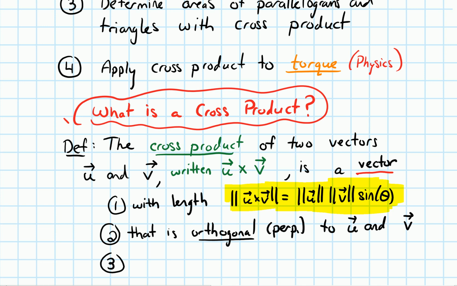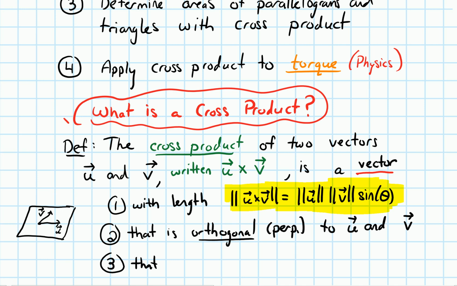Okay, so the third property is, well, if I were to think about a picture where I have a plane, and in the plane there are these two vectors. There's a vector u, and there's a vector v. And then I want another vector that's orthogonal to both of those. It would have to be orthogonal to the plane.